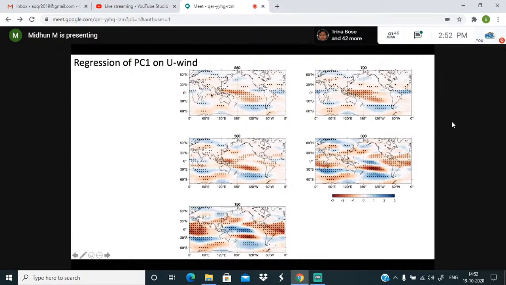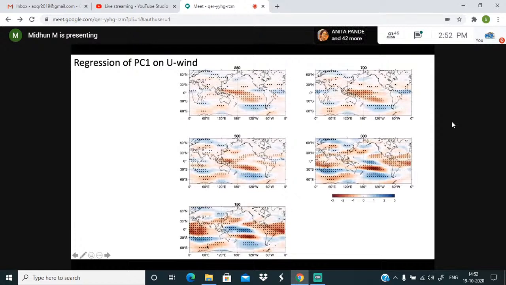At 850 hectopascal, as I showed in the last diagram, you can see negative anomalies here, which means an easterly wind flowing from the east, and here there is a westerly wind. When you look at different levels in the atmosphere, this pattern is actually getting reversed, and getting more significant when you go to the upper atmosphere.